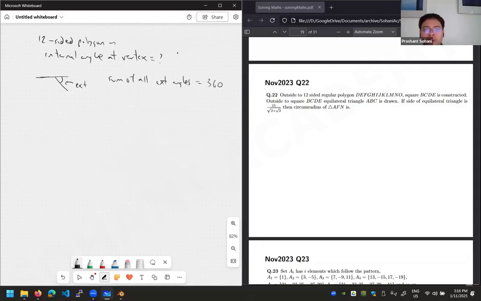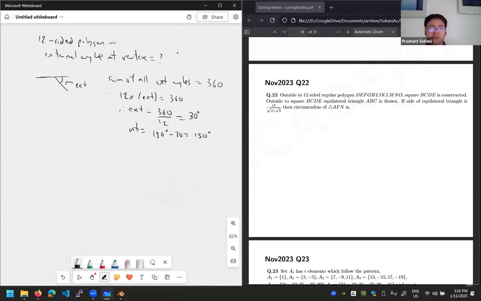This is a standard property of any polygon. Therefore, with 12 sides, 12 times the external angle is 360, so the external angle is simply 30 degrees. Then the internal angle will be the supplement of that, so it is 150 degrees.